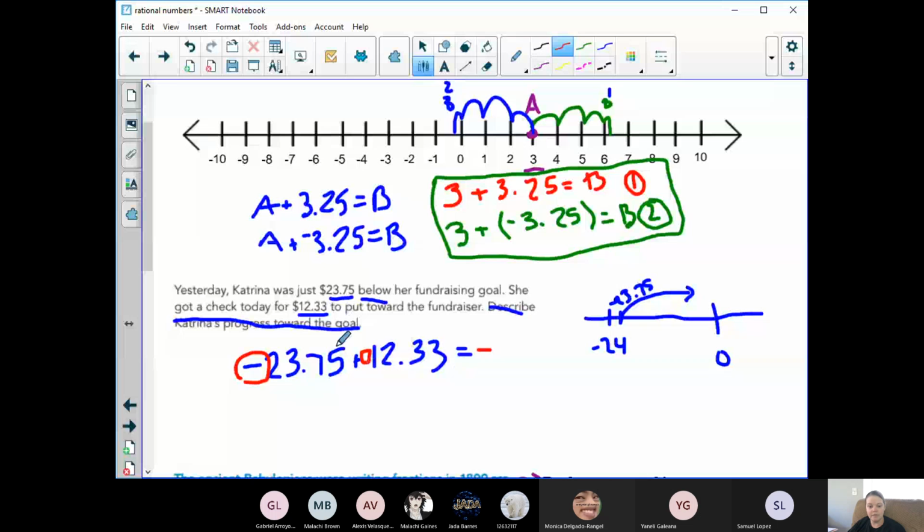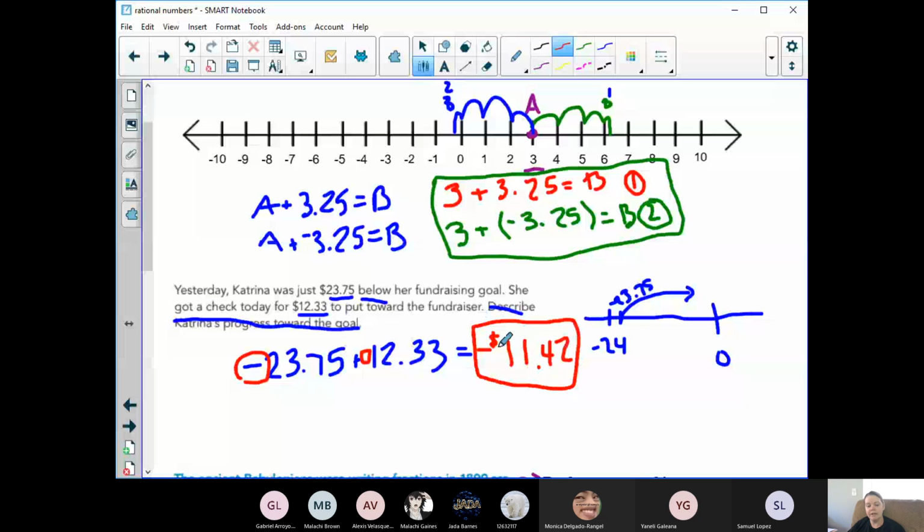So 5 minus 3 gives me 2. 7 minus 3 gives me 4. 3 minus 2 is 1, and 2 minus 1 is 1. So my answer is negative $11.42.